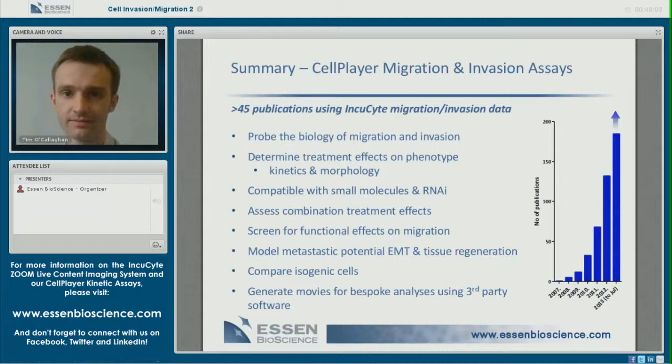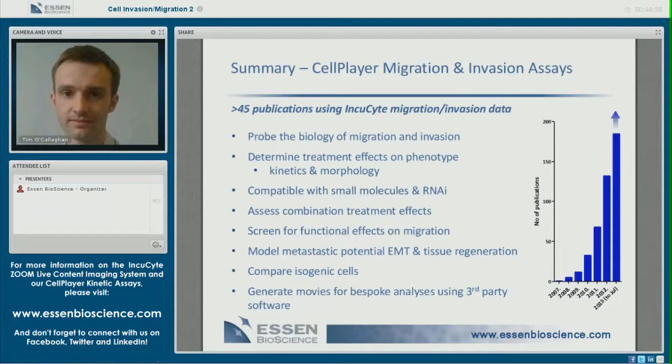Okay, so I've got a good question here. Are phenotypic measurements made in 2D space only? Can measurements of invasion be done in 3D? In other words, can you measure invasion in the Z-axis? So that's a fantastic question. And our invasion assays are three-dimensional assays in that the cells have the ability to penetrate the extracellular matrix and move as they wish within the 3 dimensions.